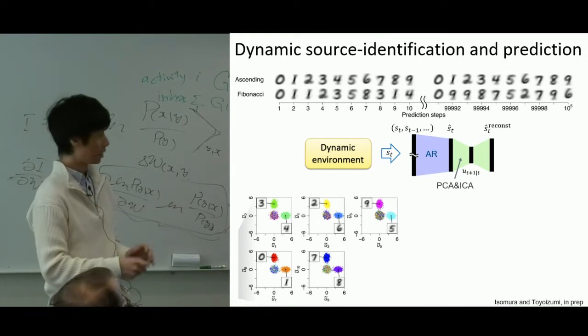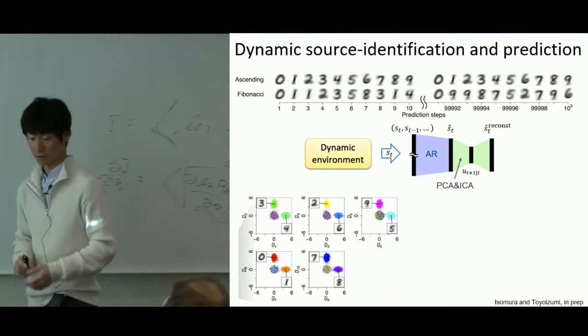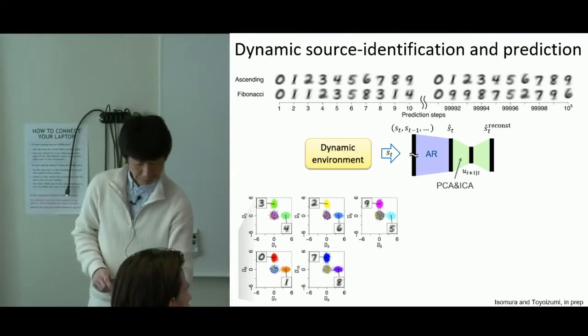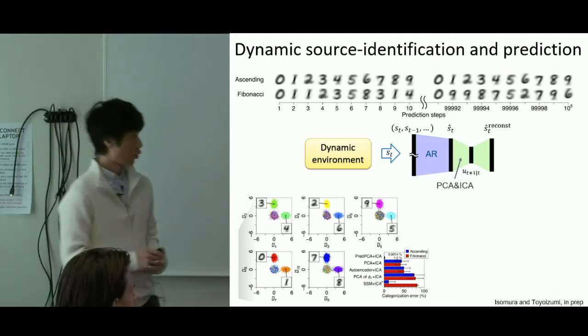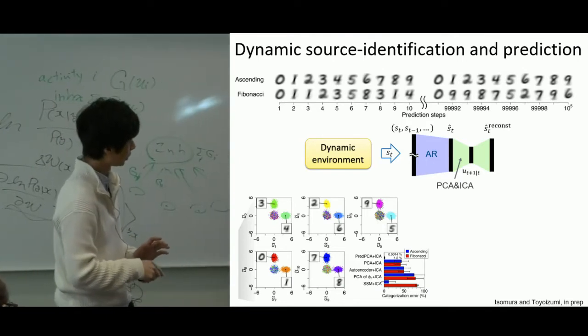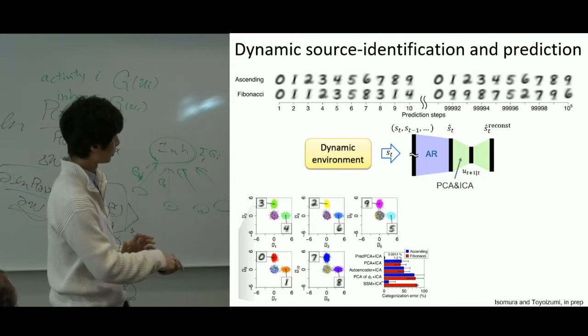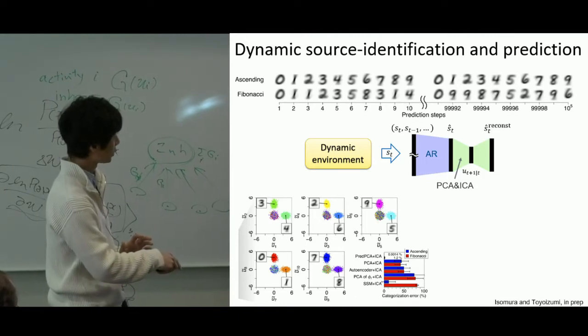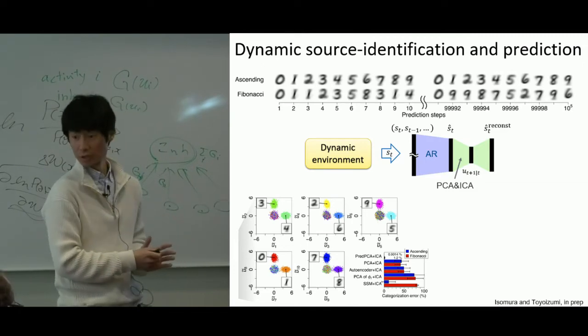They are clusters of the 10 digits learned. And we have compared this to different methods, and this predictive PCA and ICA is good. There are reasons for it.